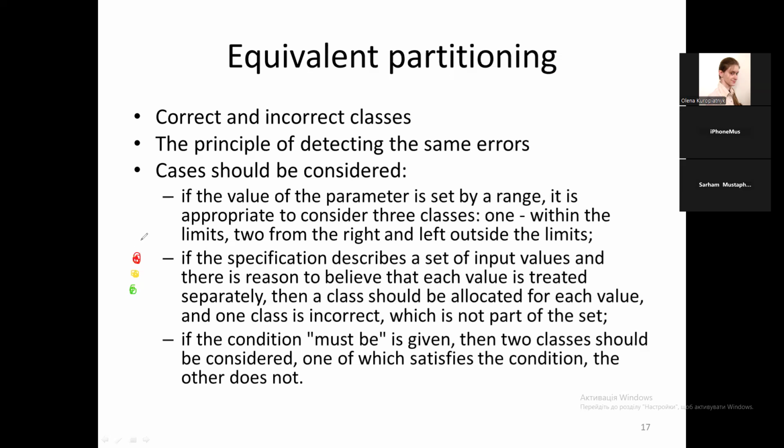I have a specification for describing a set of input values, and there is a reason to believe that each value is treated separately. When I have green light, I can go. When I have yellow light, I must stop, and when I have red light, I must wait for the change of the light.